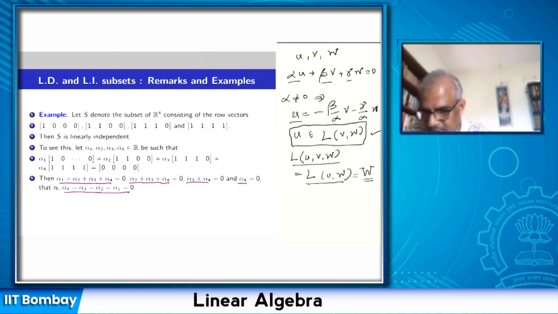Testing whether a finite set is linearly dependent or independent actually amounts to solving a homogeneous system of linear equations. We had these 4 vectors and wanted to test whether they are linearly independent. It gave rise to 4 homogeneous linear equations, which we solved by back substitution.